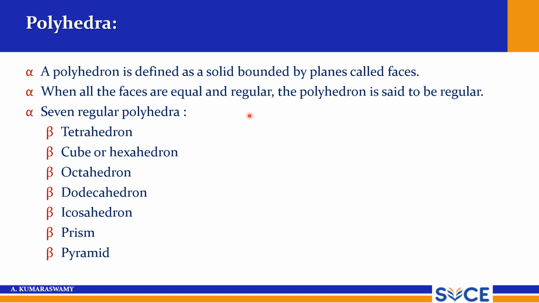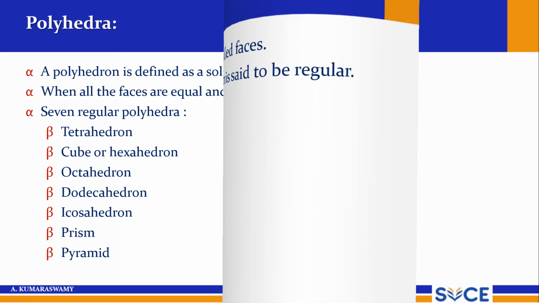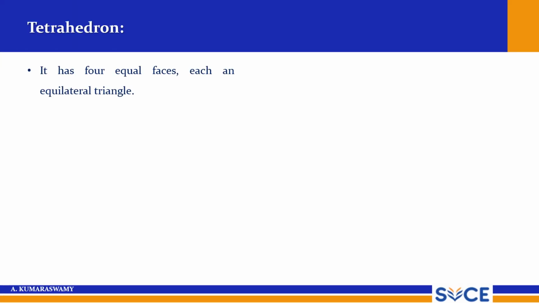For our syllabus we may not see octahedron, dodecahedron, icosahedron. But we see prism, pyramid, cube or hexahedron, and tetrahedron. These are the polyhedrons we are going to see here.